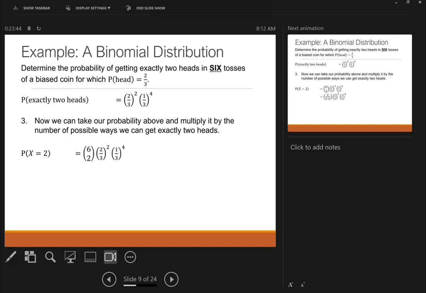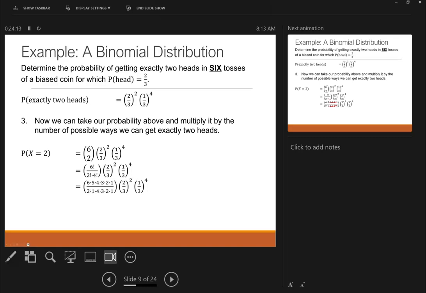It doesn't matter the order that they come up, whether it's heads, heads, and then 4 tails, or heads, tails, heads, 3 tails, whatever. We're just counting the number of ways it can happen. So I'm going to plug that into my combination formula. So I have 6 factorial divided by 2 factorial times 6 minus 2 factorial. That's where the 4 is coming from.